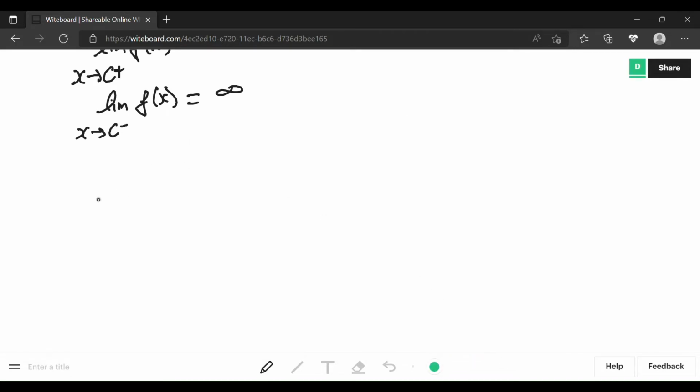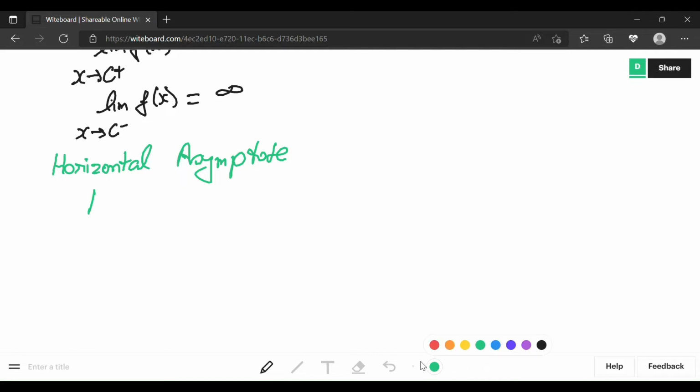Now for the horizontal asymptote, consider the line y equals k, where k is a constant.